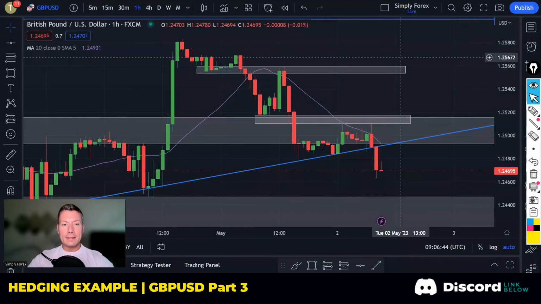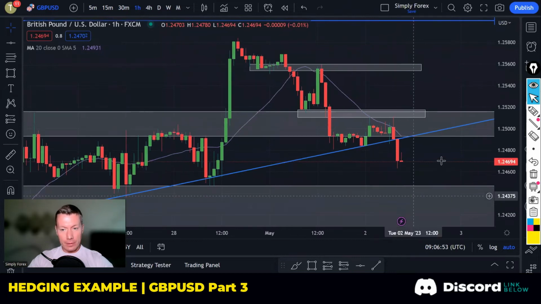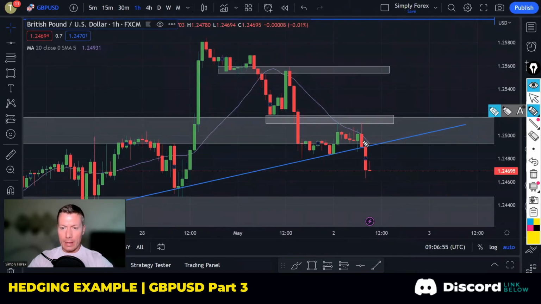Hello, traders. So, part 3 of washing the pound US dollar buy trade. As you can see, our entry candle here trying to push back up to here was unsuccessful, guys. So where are we now? We are still in the original buy order.